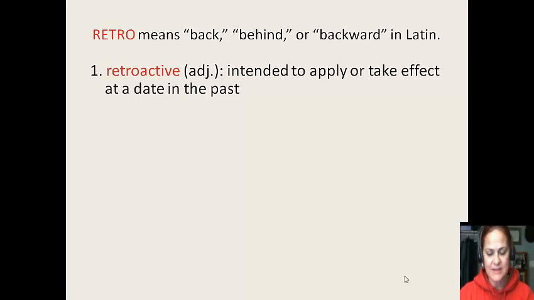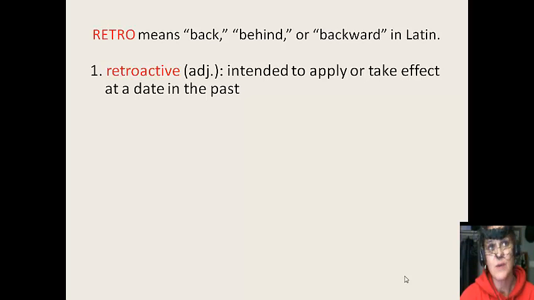Retroactive is a word that is intended to apply or take effect at a date in the past. Now this could be positive or it could be a negative word, depending on what is retroactive.